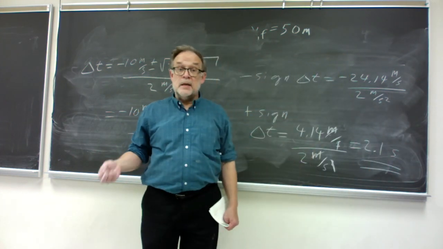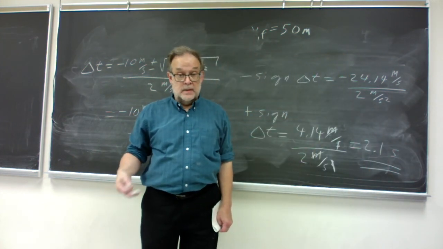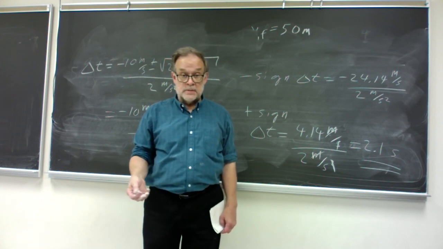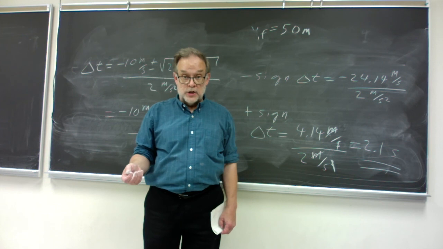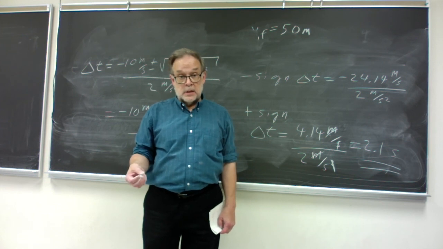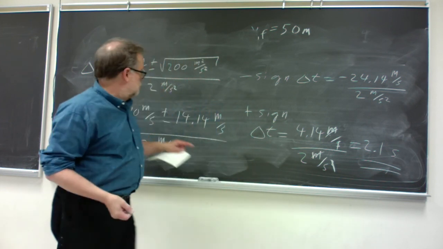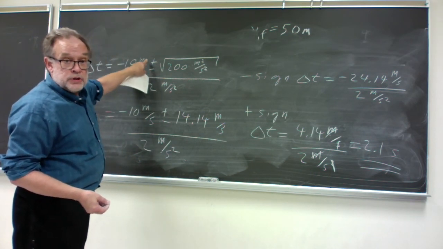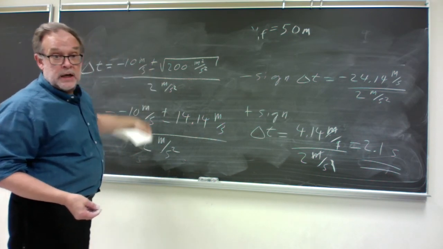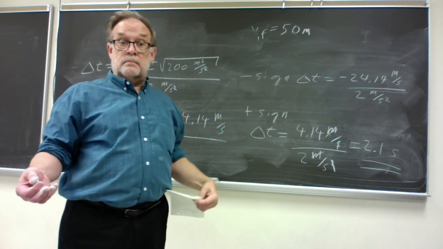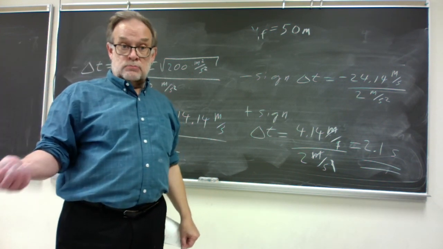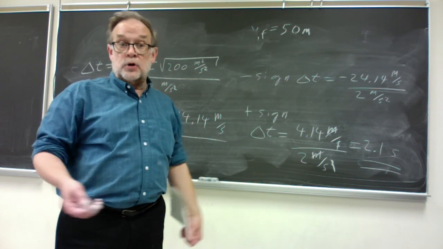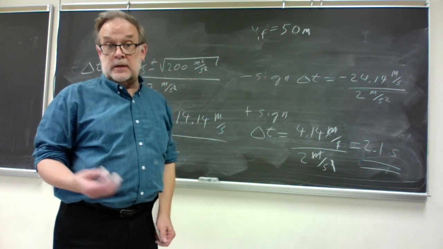That gives us a negative time, and that doesn't make any physical sense. When you use the quadratic equation, sometimes you come up with two possible solutions depending on whether you choose the plus or the minus sign. Those will mathematically solve the equation, but it could be that only one of them actually physically makes sense.